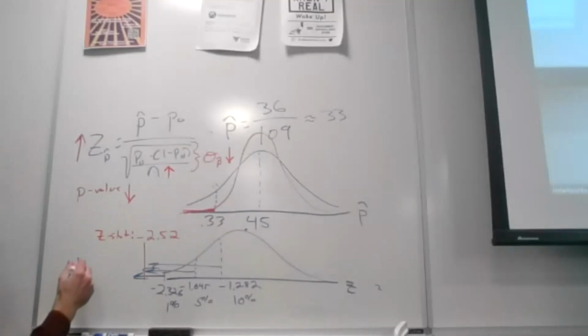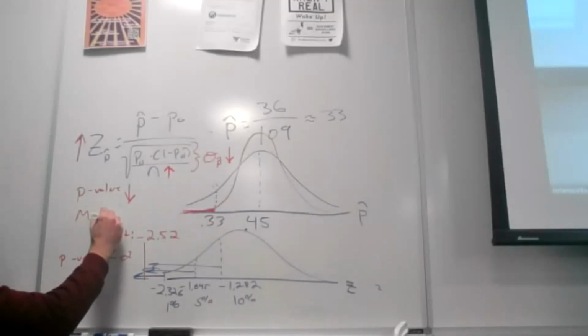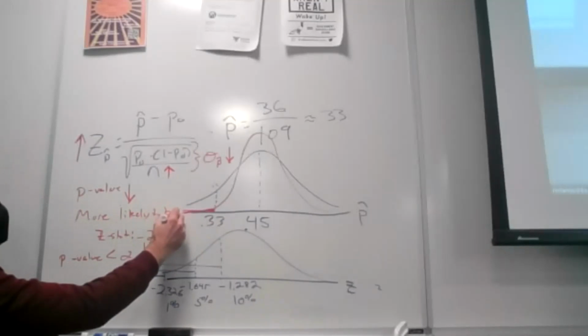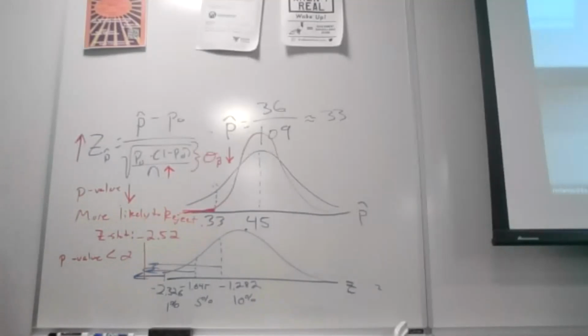So as my p-value goes down, when we think about that rejection decision, if the p-value is less than alpha, if this gets smaller, it's going to be more likely that I'm less than alpha. So with a smaller p-value, you can say that we're more likely to reject, right?